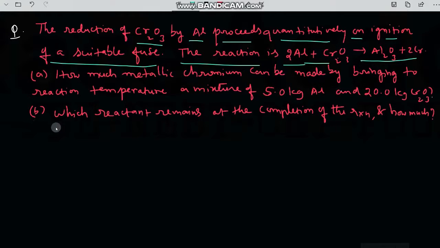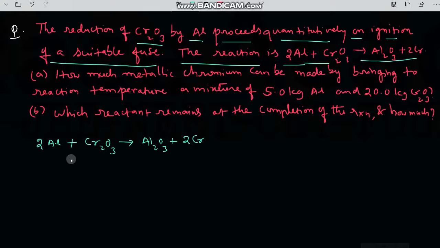We must note down the reaction first of all: 2Al plus Cr2O3 gives rise to Al2O3 plus 2Cr.